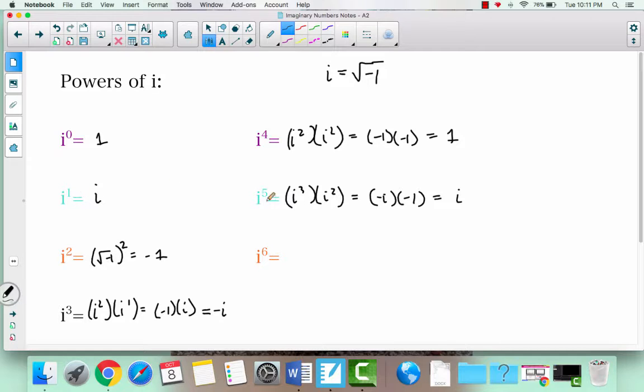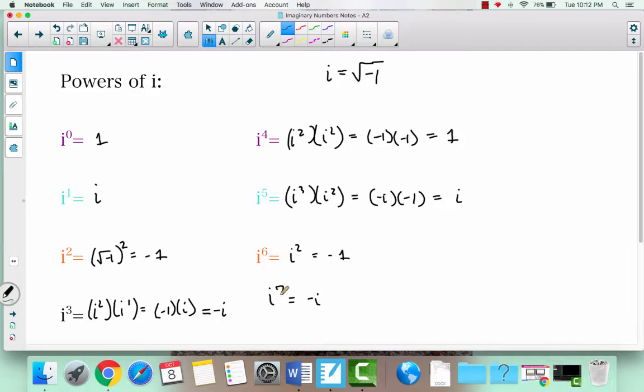So notice that these here I've highlighted in blue are the same, the purple ones are the same, and then this one means that the orange ones will be the same. So i to the sixth is the same as i squared, which is -1. Okay. And if I tried to find i to the seventh, I could continue with this pattern, 1, i, -1, which means this would also be -i.